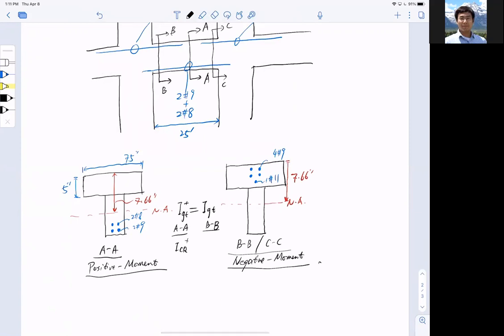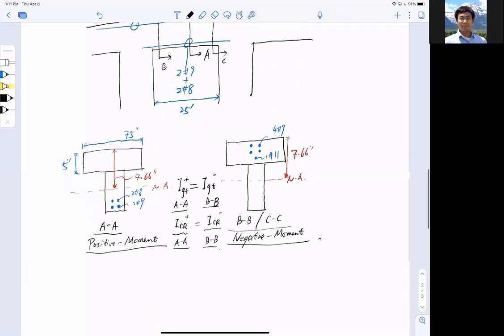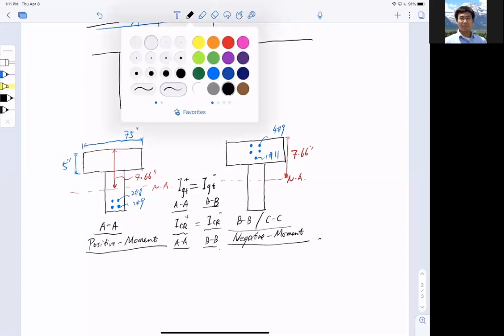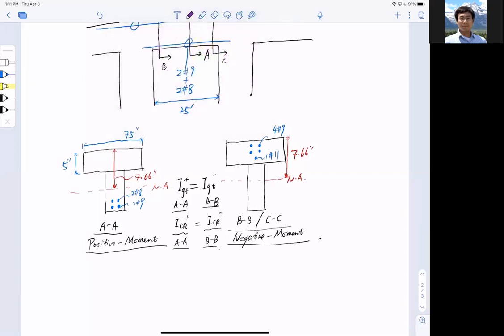The cracking moment, which is positive, is different from the negative cracking moment at section BB. Why is the cracking moment different? Think of it this way, I'm just making a line drawing here. You don't really have to draw it, but just follow the thought process. If it's positive bending moment, most likely the compressive zone is going to be at the top.